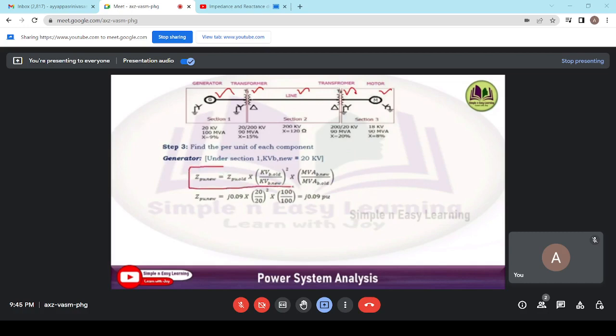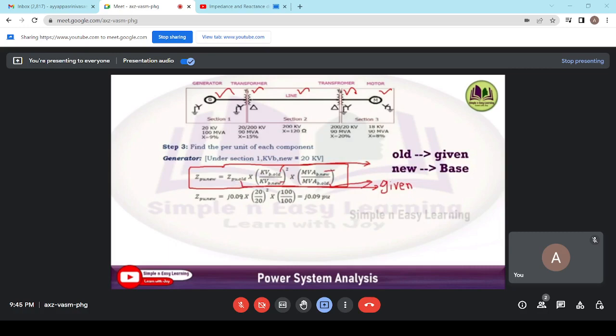First we start with the generator. This formula is used to find the new per unit value of an impedance: Z per unit new equals Z per unit old times (kVB old divided by kVB new) squared times MVAB new divided by MVAB old. Here old represents the given value, and new represents the base value.